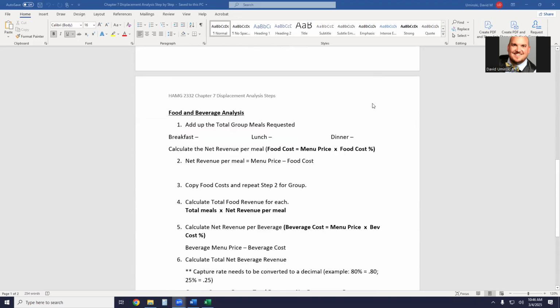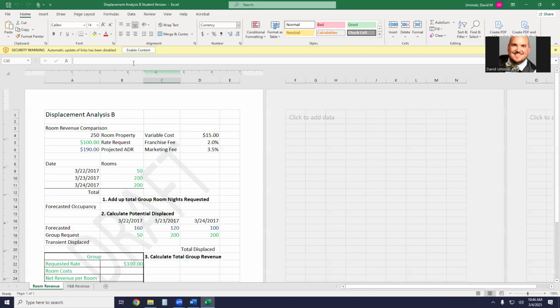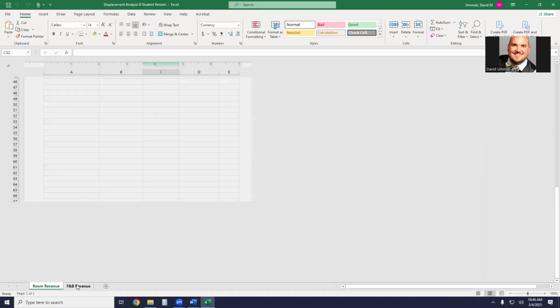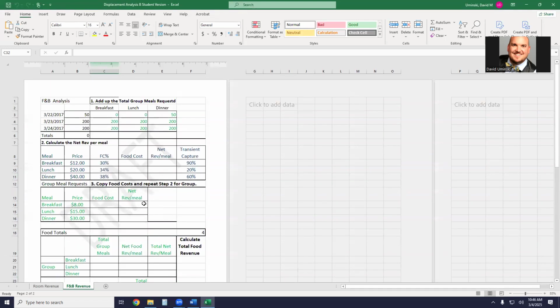If we look at the food and beverage analysis page and compare that to the displacement analysis that I provided, the steps should add up based on the document.